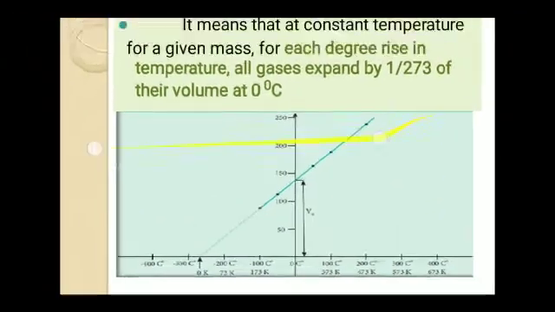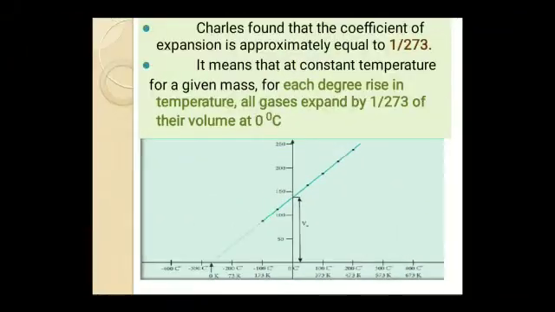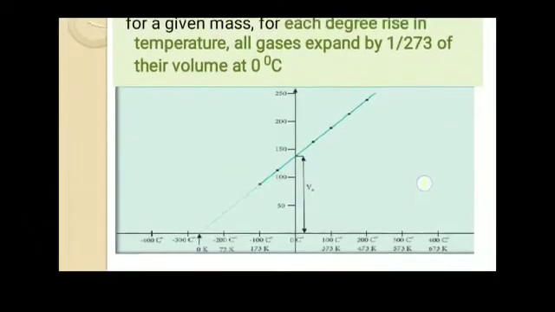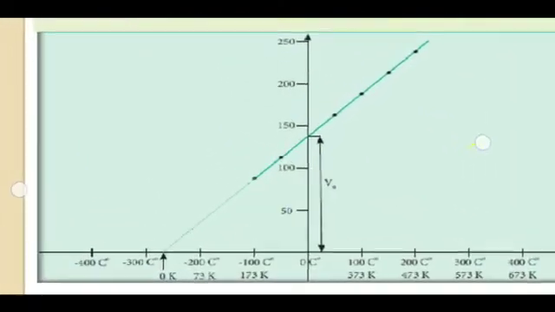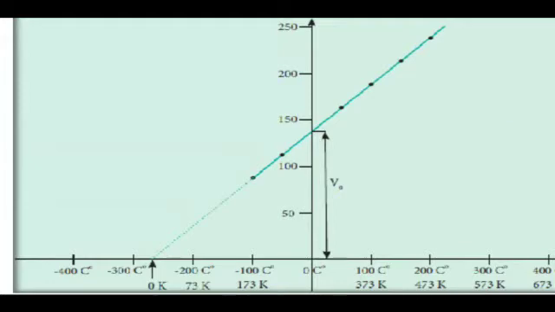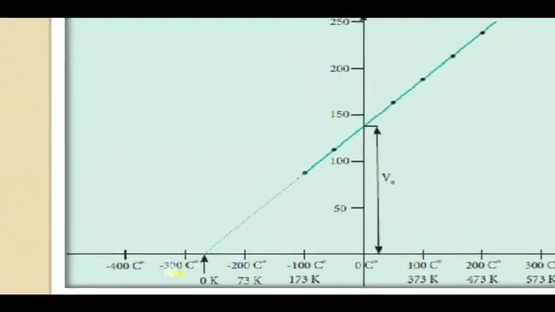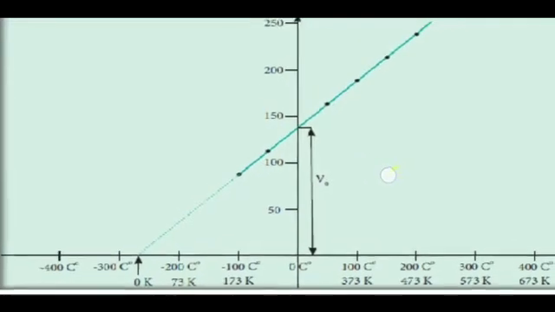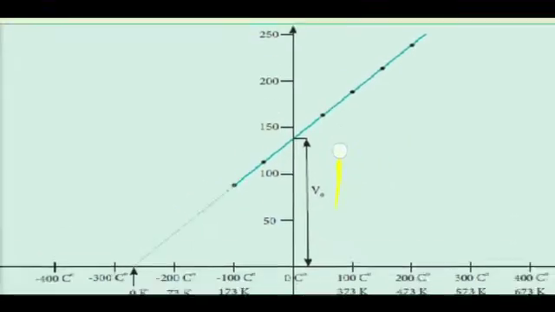If we reverse the graph, we may find, if we extrapolate the straight line beyond the experimental measurement, the straight line intersects the temperature axis, that is the x-axis, at minus 273 degree Celsius.